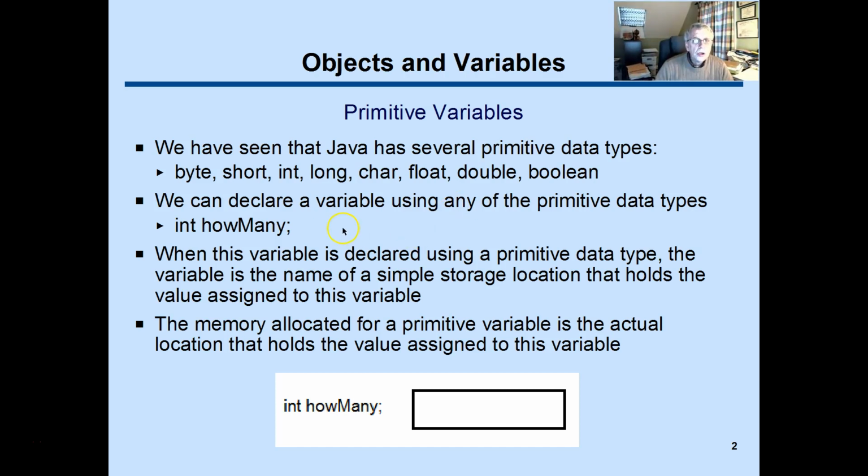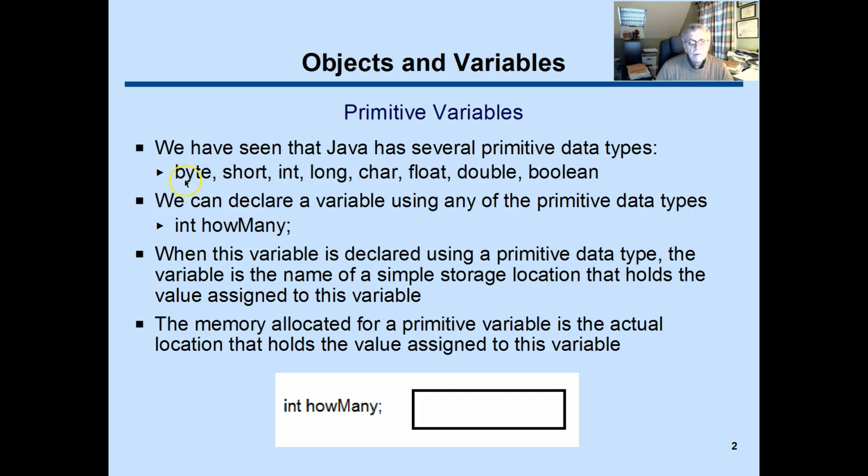Now, when we declare a variable using any of the primitive data types, we simply specify the data type, such as int, and the identifier, which serves as the variable. What happens here is that a block of storage is allocated. The quantity of storage allocated is determined by the data type.